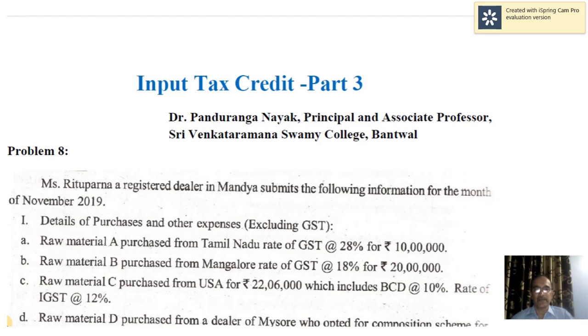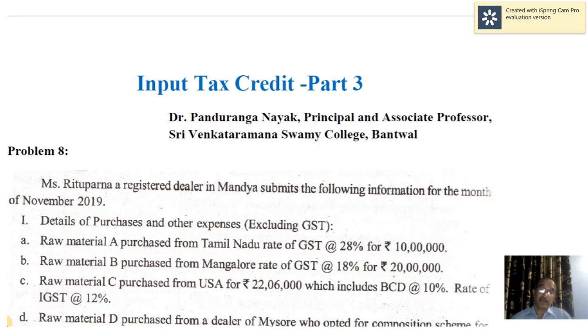Okay, if there is any surplus, that could be utilized towards the payment of CGST and SGST in any order and in any proportion. Any order in the sense, first the surplus IGST could be used to pay CGST, and if there is any balance, that could be used to pay SGST. Or first you can use it towards payment of SGST, and if there is any surplus, that you can use towards CGST.